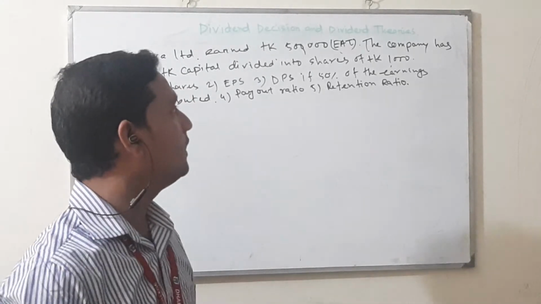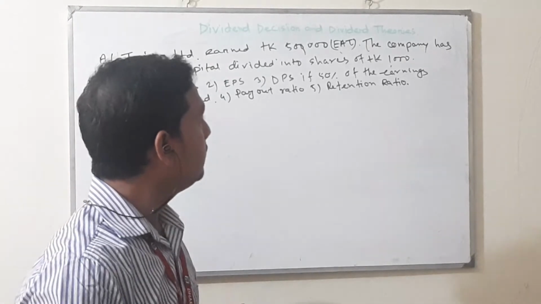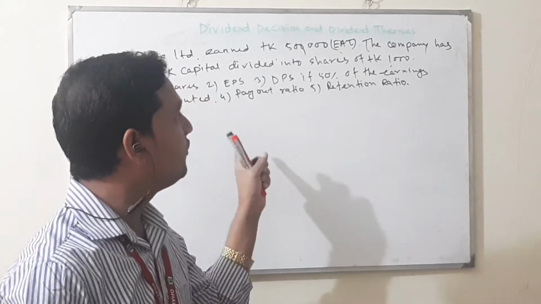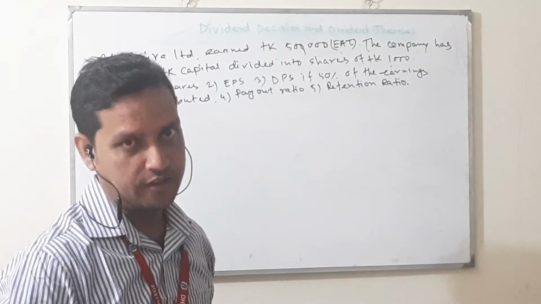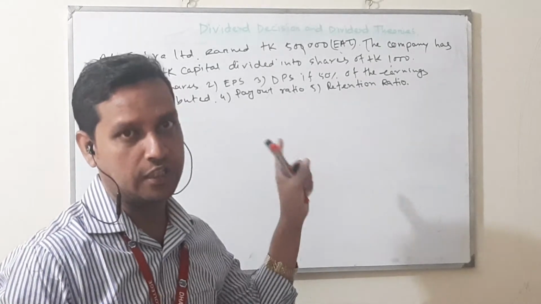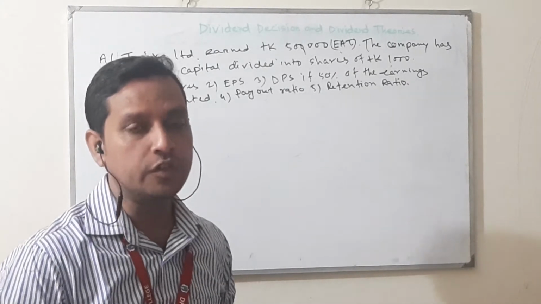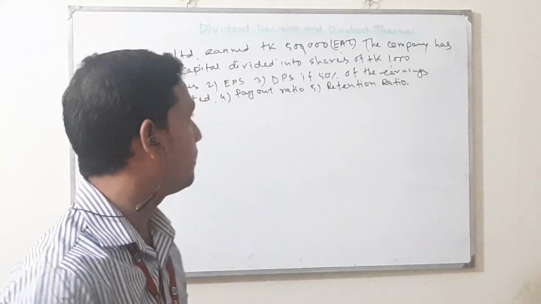Here it says that 50% of the earnings are distributed, I mean half of the earnings as a dividend. Al Jazeera company distributed half of its earnings.